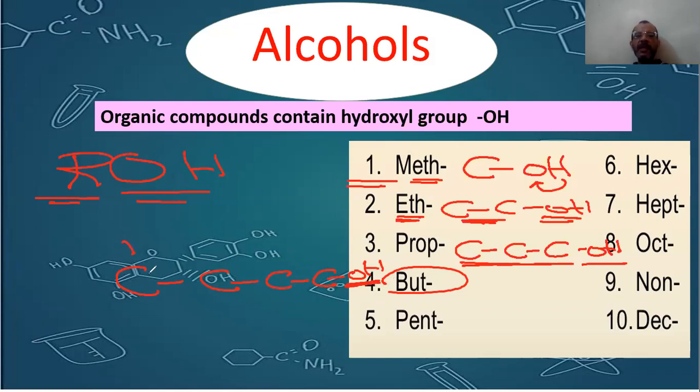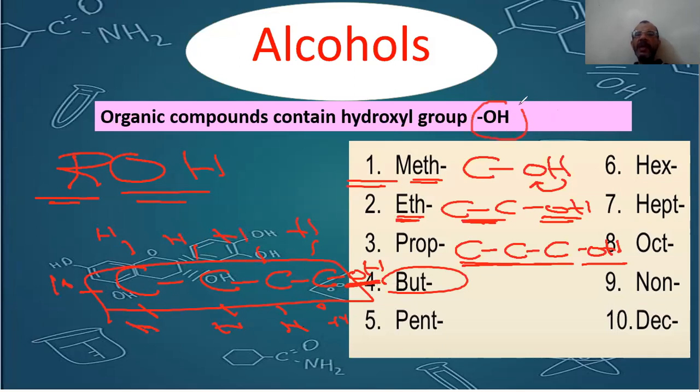Where are the other hydrogen atoms? We can draw them, no problem, you have to draw them, but focus on how many carbon atoms are in the compound. So this one is but, with four carbon atoms, and OH. How can you know this compound is an alcohol?